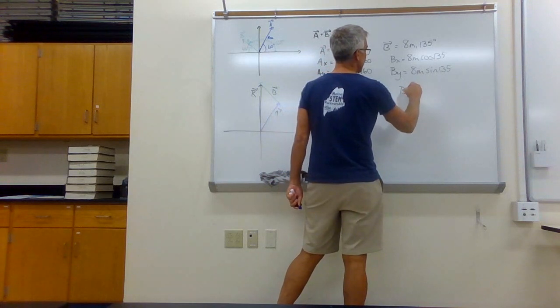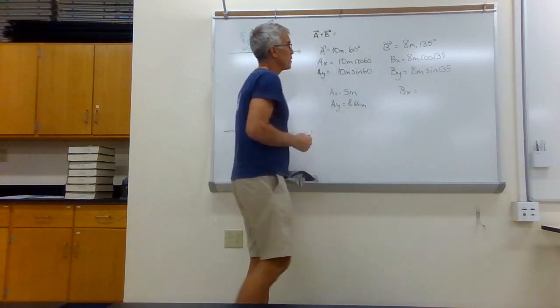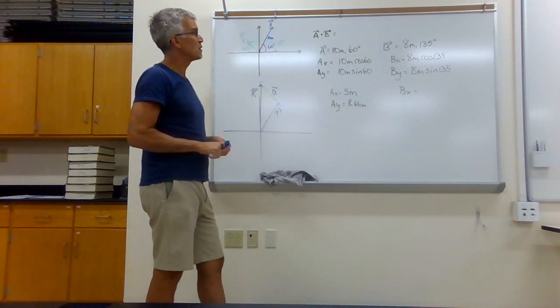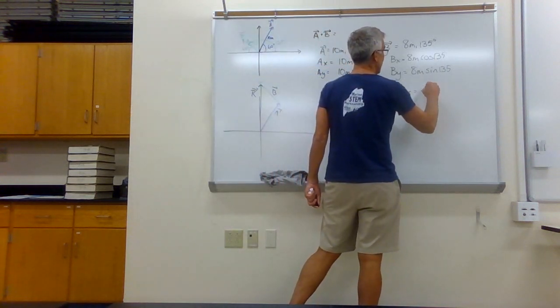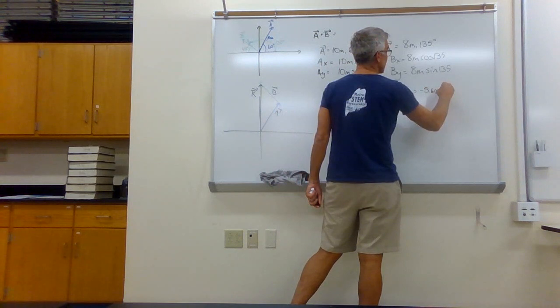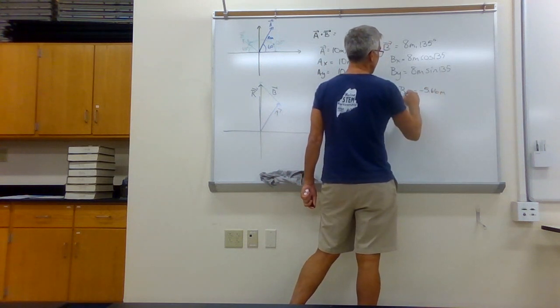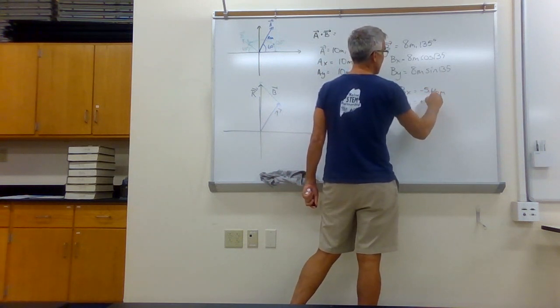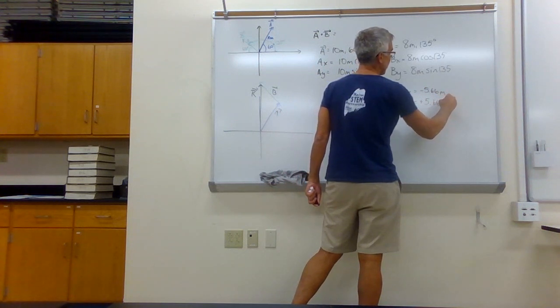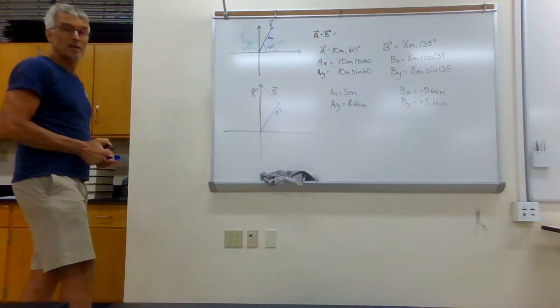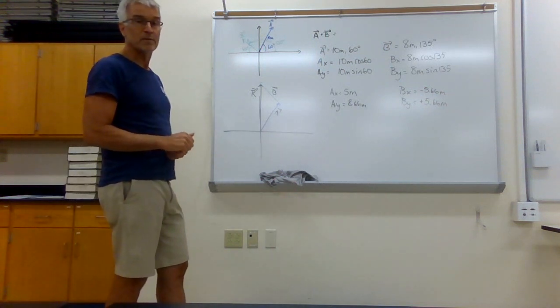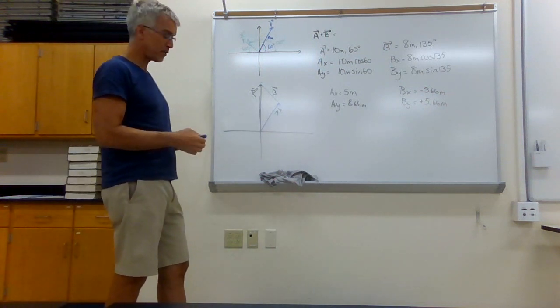B sub x is going to be 8 meters times the cosine of 135, which comes out to about negative 5.66 meters. And b sub y is going to come out to be a positive 5.66 meters. If you don't trust my math, you can use your calculator to double check that.